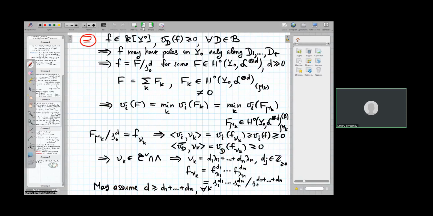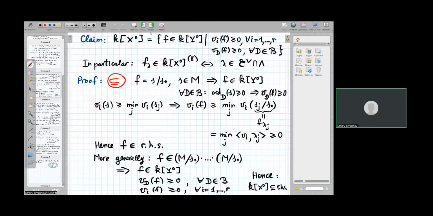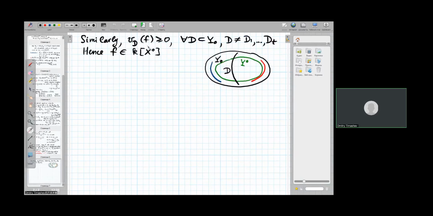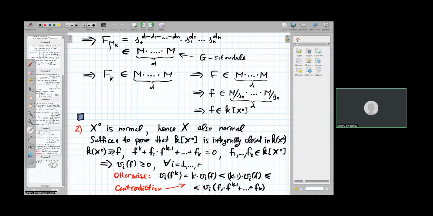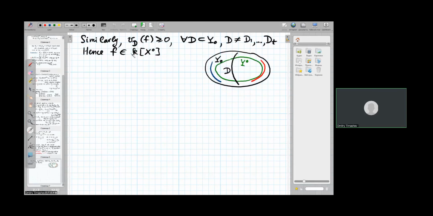Did I answer? So yes, we get this condition. Okay. So finally, what did we prove? We proved that if a rational function on Y naught over X naught satisfies an integral dependence over regular functions, then this function is in fact regular.